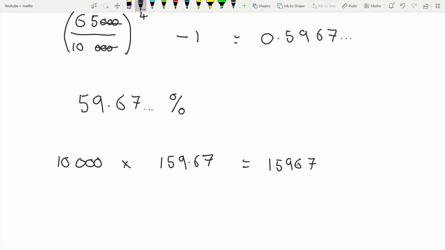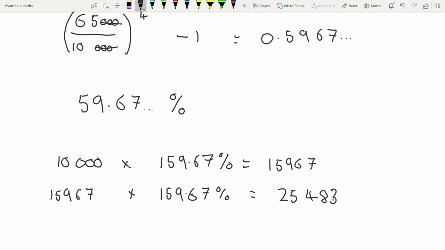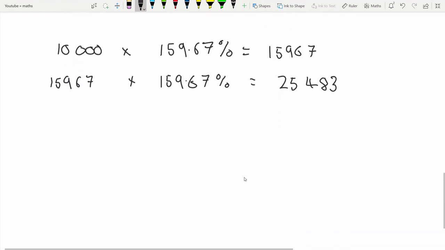Then we can take this number 15967 times by 159.67%, and this gives us 25,483, roughly. The number goes on.